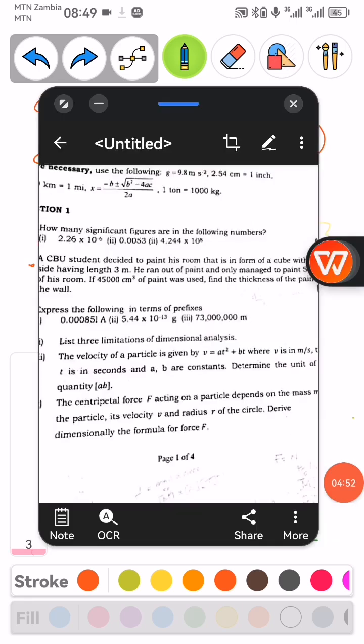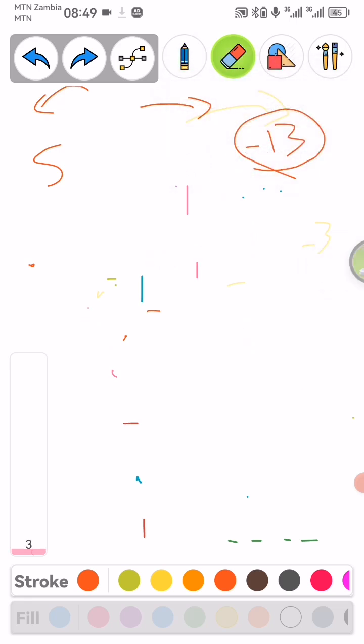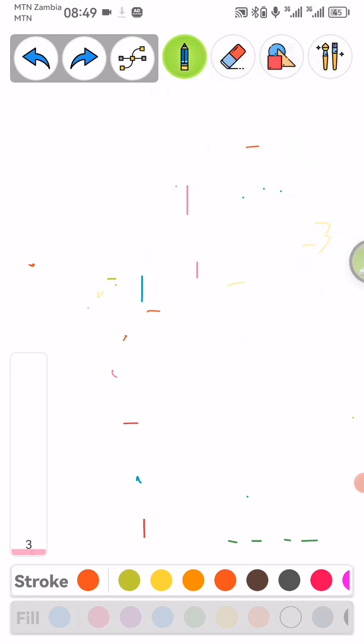And then the last one there, we have 73 with 6 zeros meters. Okay, so let me just clear this again. 73 million meters. Quite a million meters. Okay, yeah, we can have something like that: 73 with 6 zeros meters.